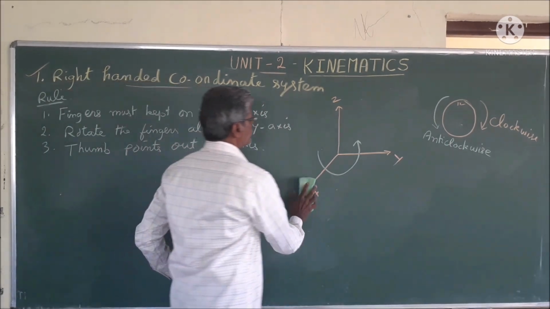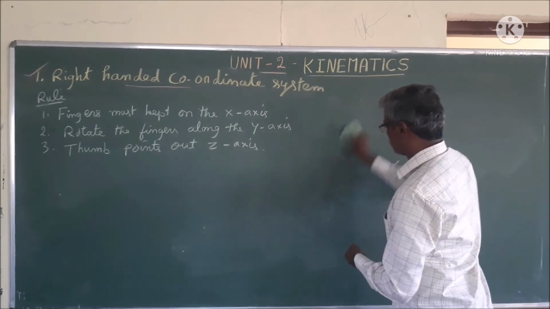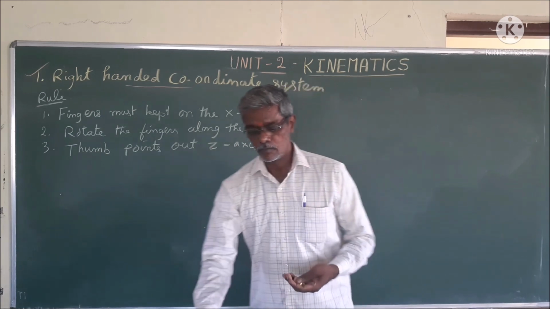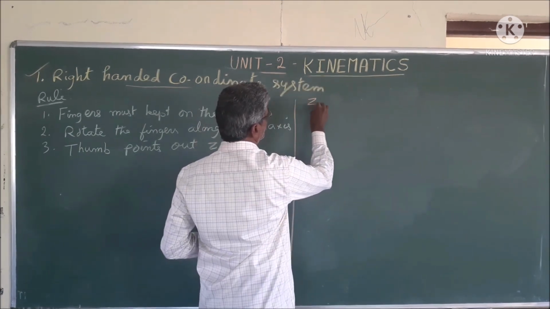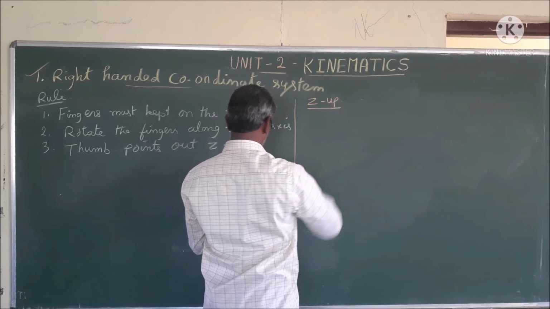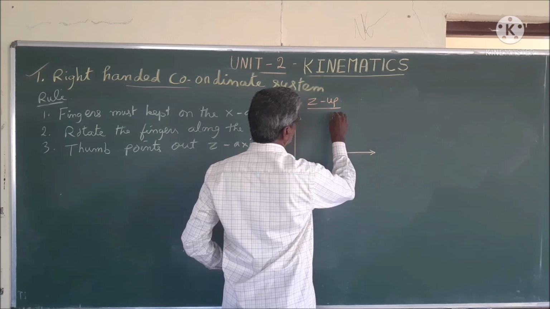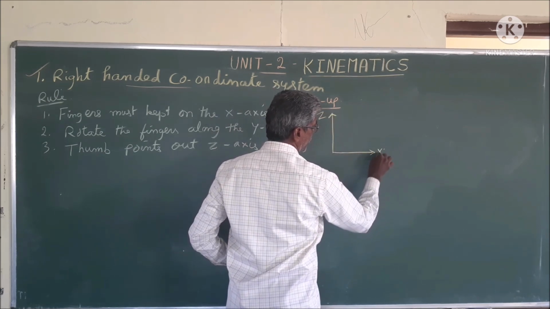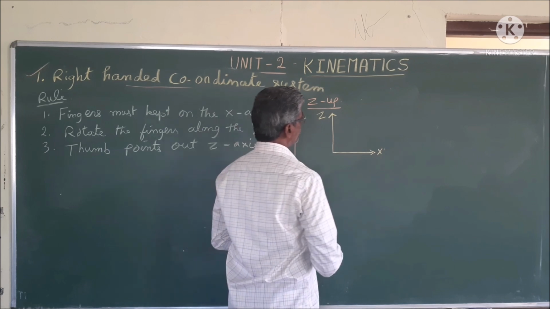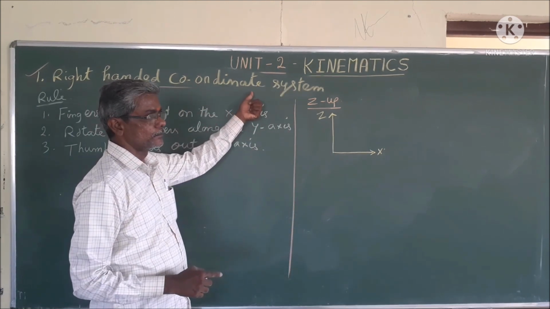Understood? Now, you will see z up. That means z will be upward. This one is x. Now I am going for the right-handed coordinate system.